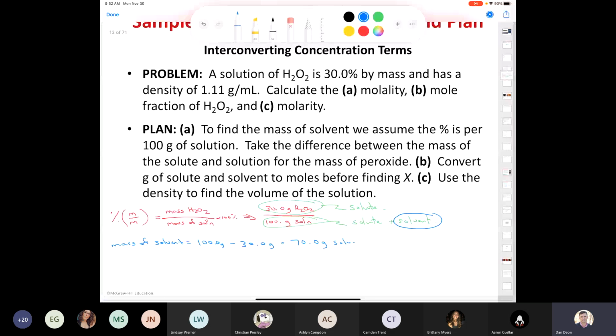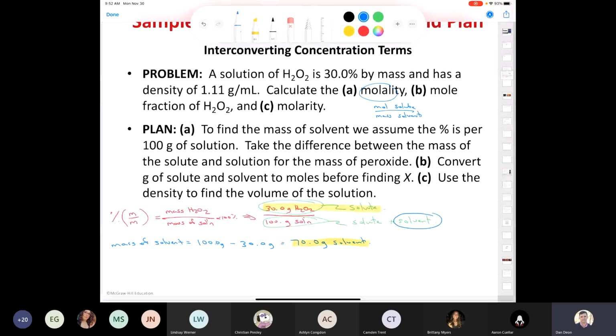So now, look carefully, remember that to calculate molality, we need moles of solute divided by mass of solvent. If we have the number of grams of solute and we know its formula, we can calculate the number of moles, no problem. And now we have the mass of the solvent.